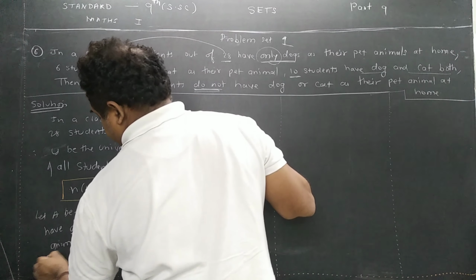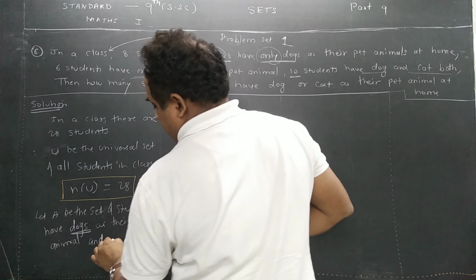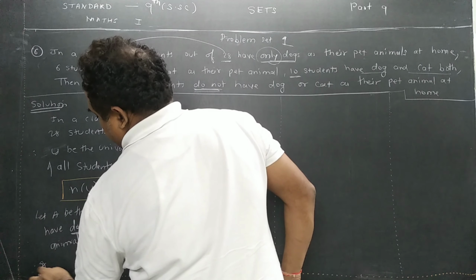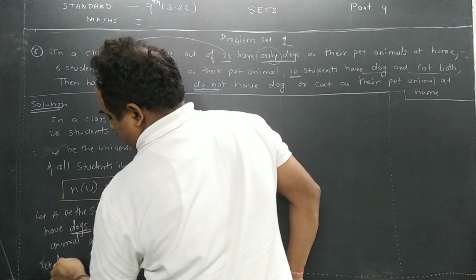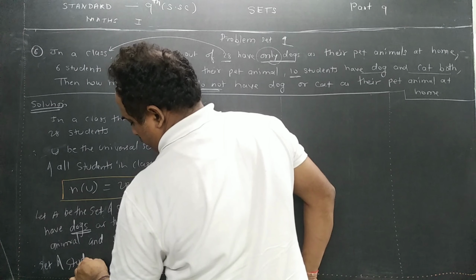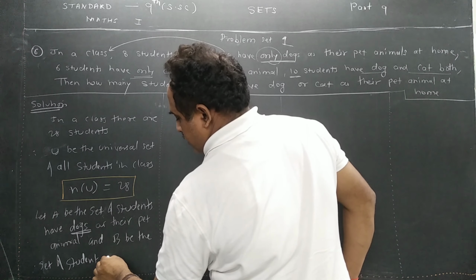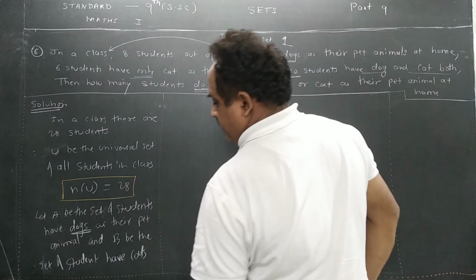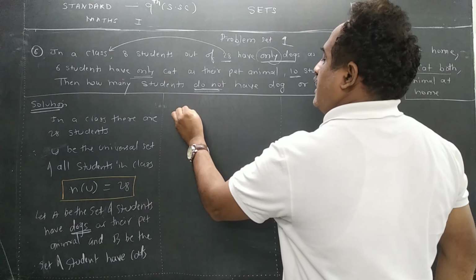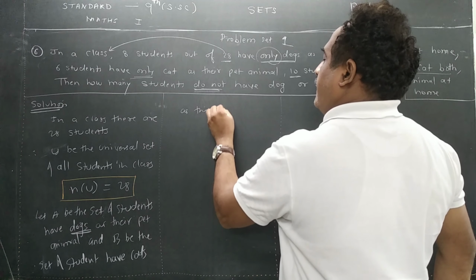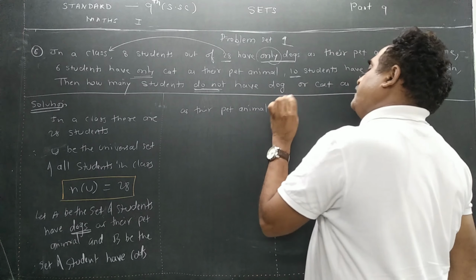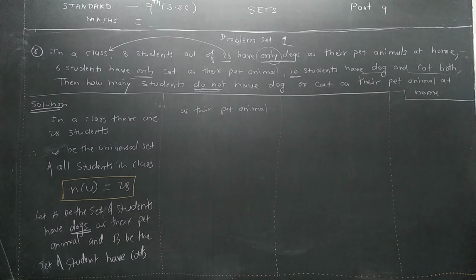And let B be the set of students who have cats as their pet animal. Is it right?